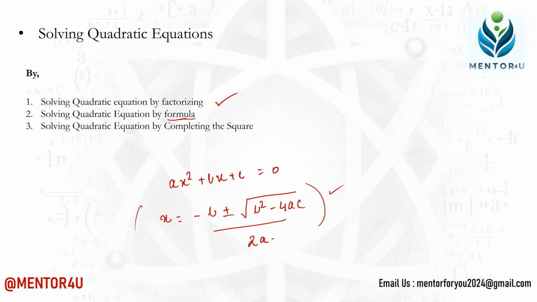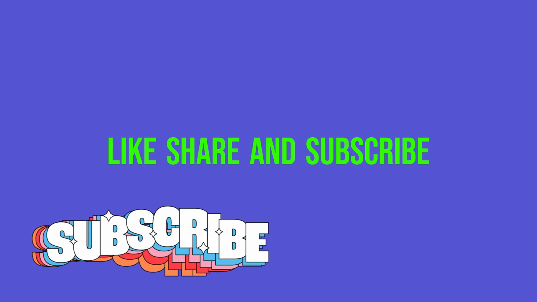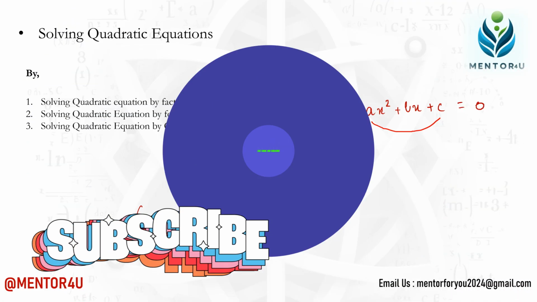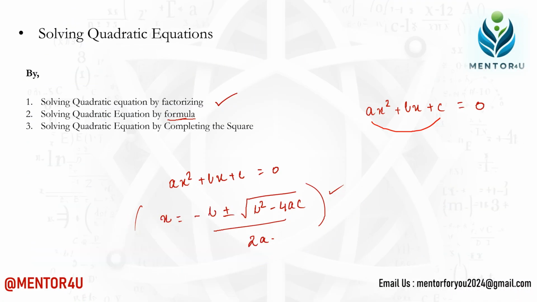So if we have a general quadratic equation as ax square plus bx plus c, and we need to solve it by the factorization process, always remember a very easy method. Always multiply that a with that c, where a is the coefficient of x square and c is the constant in the quadratic equation.